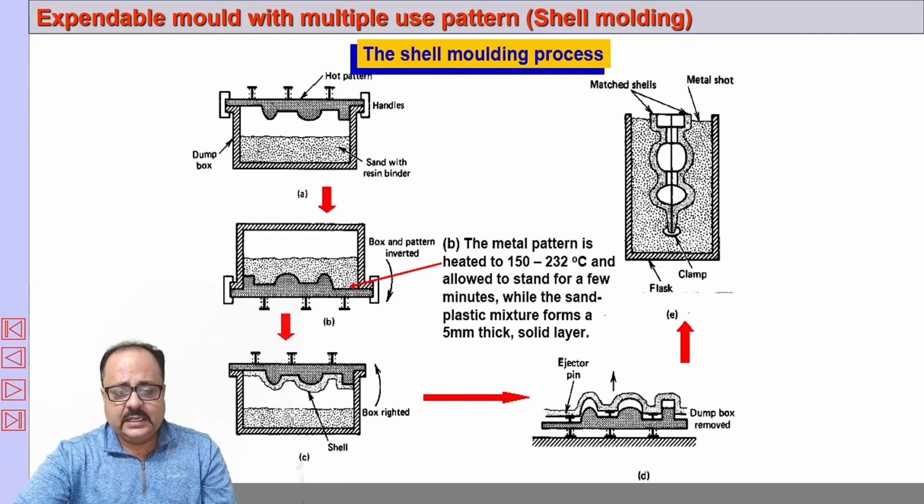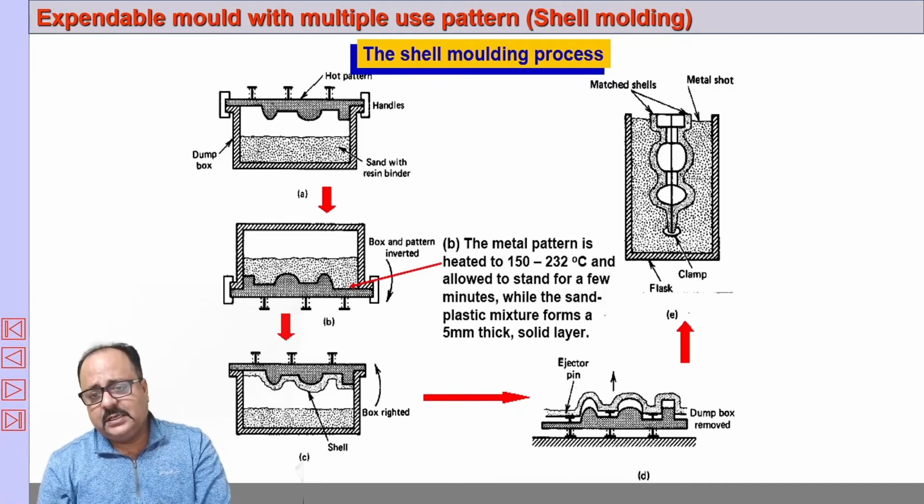Then slowly this will be ejected by ejector pins. The shell will be ejected like this, and then it is again heated to undergo complete thermosetting, for complete curing rather.